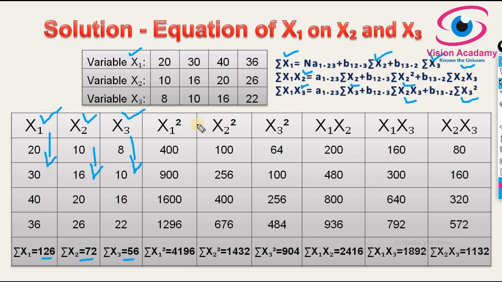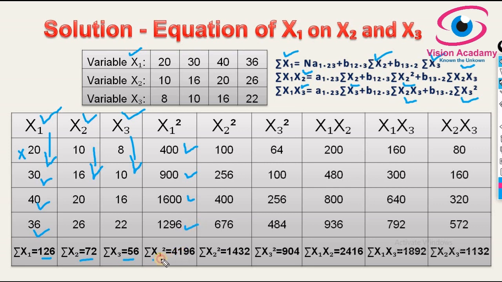Now we need summation x1 square, x2 square, x3 square. All the values will be multiplied to get the squared values. So for x1, 20 into 20 is 400, 30 into 30 is 900, 40 into 40 is 1600, 36 into 36 is 1296.